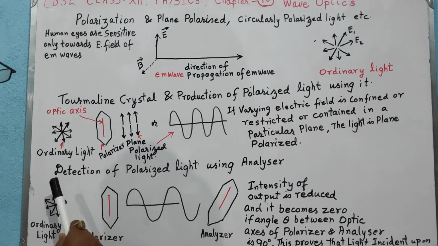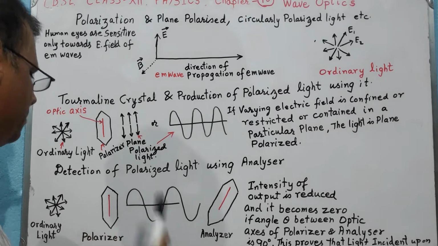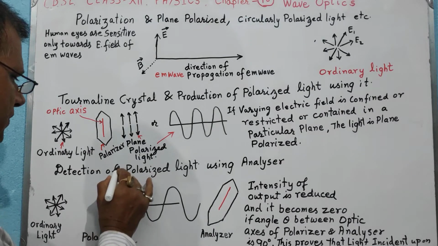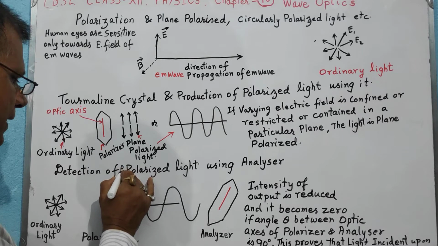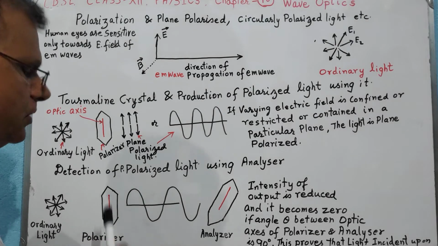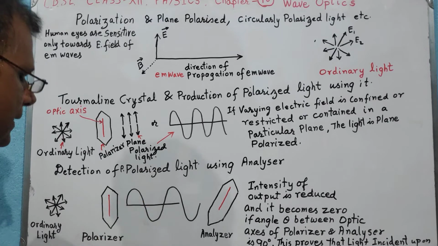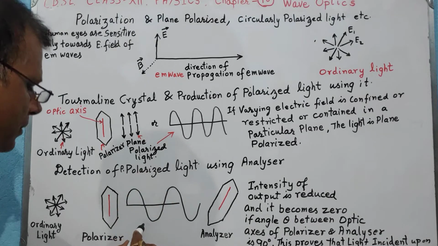So now how are we going to detect plane polarized light? Detection of plane polarized light. Well, when our ordinary light is allowed to pass through a polarizer, that is a tourmaline crystal, the emerging light is plane polarized light.